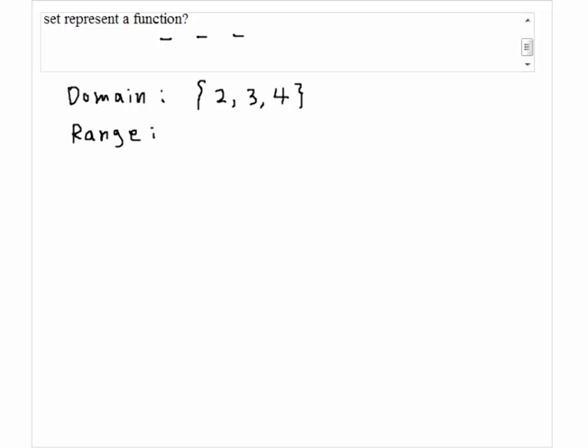And the range of the relation is the y values of each ordered pair. So the answer will be 1 and 5. It's important to note that you do not repeat a number. So in this case, do not repeat 1.